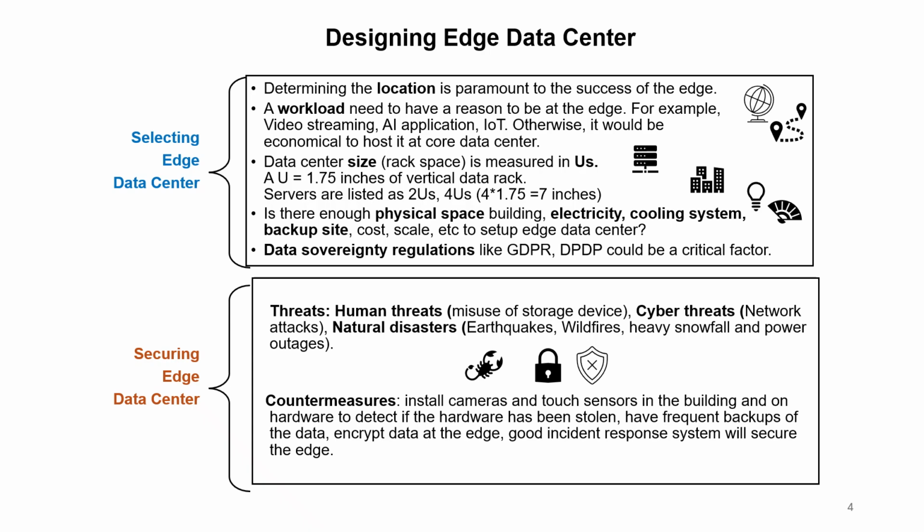Selecting and securing an edge data center are two important factors to be considered while designing an edge data center. First, determining the location is critical to the success of an edge data center. Second, a workload needs to have a reason to be at the edge.